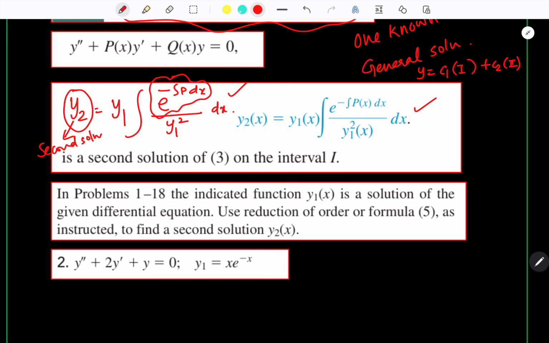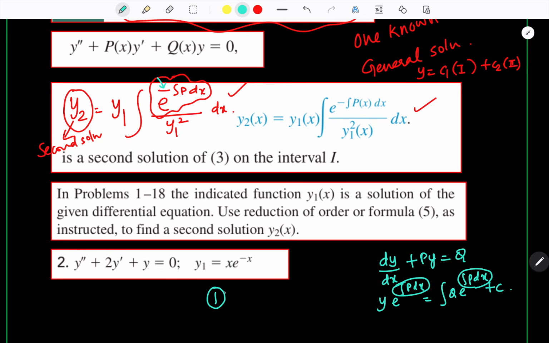First order linear differential equations, y dash plus py equals q. So what is our solution? y e power integral p dx equals integral q e power integral p dx plus c. Look at the p here. It is positive. And here it is negative.